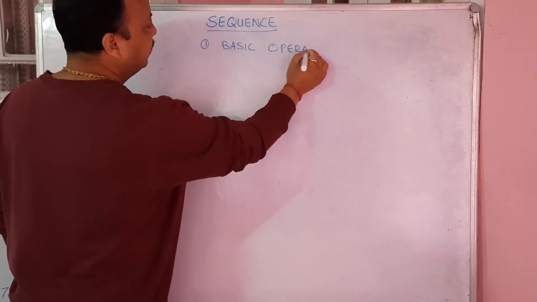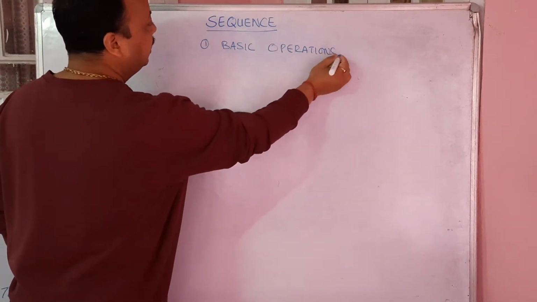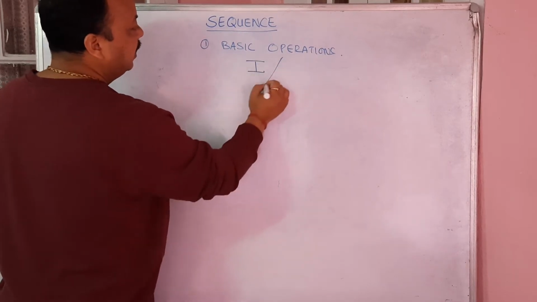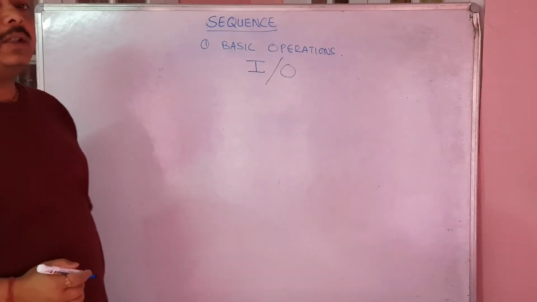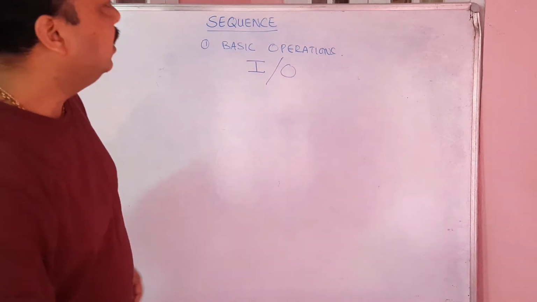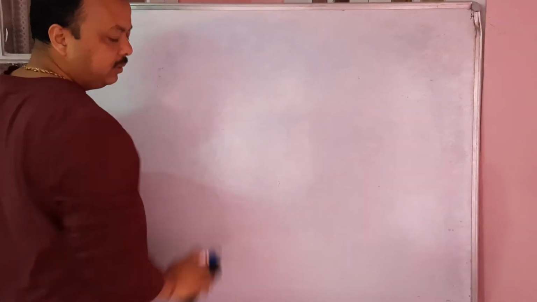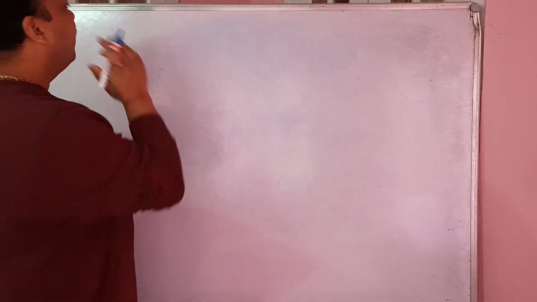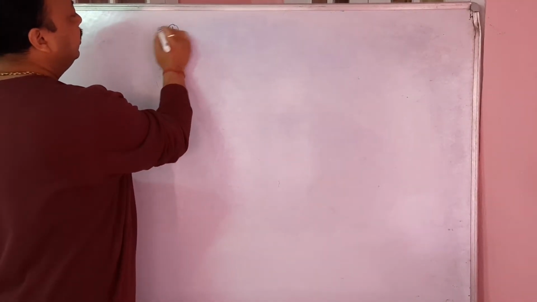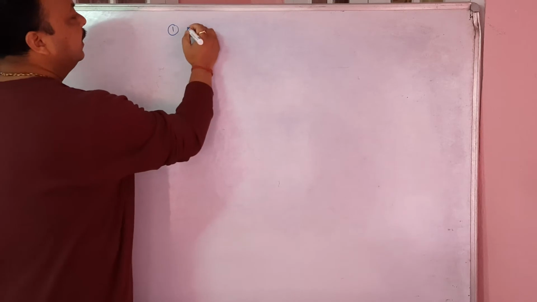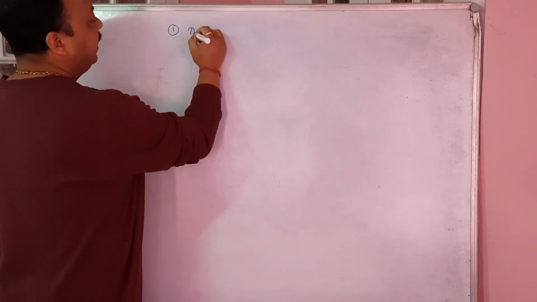And what are those operations? Those operations are input, output. They are related to input and output. So what are these basic input output operations? These basic input output operations are: 1, you can perform input using the main method.